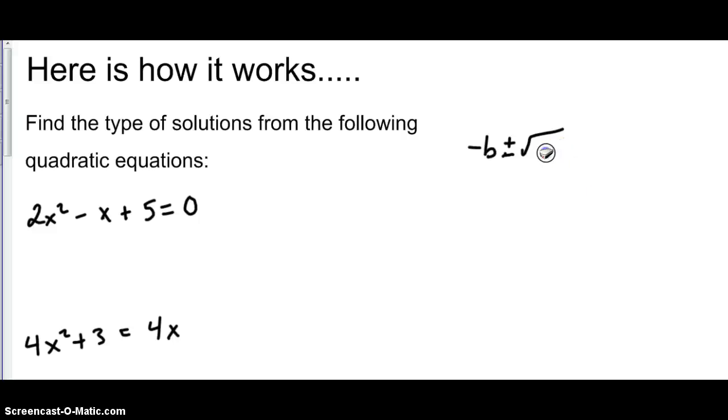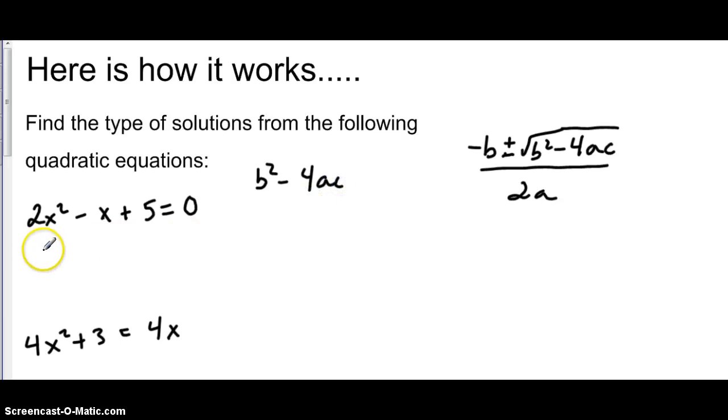How about just b squared minus 4ac? That's all underneath the radical, divided by 2a. But since the discriminant is just the stuff underneath the radical, I'm going to pull that out and use that as our formula for the discriminant.